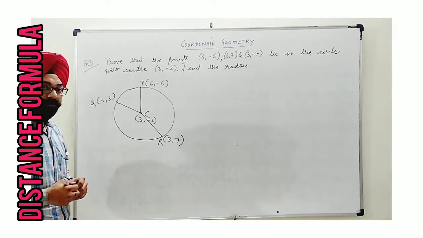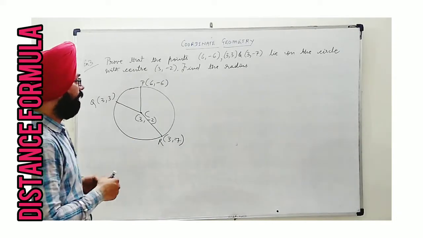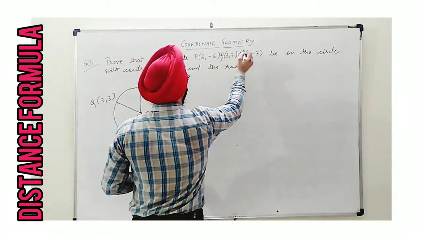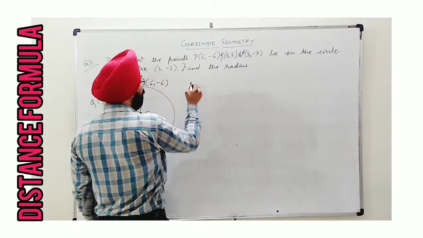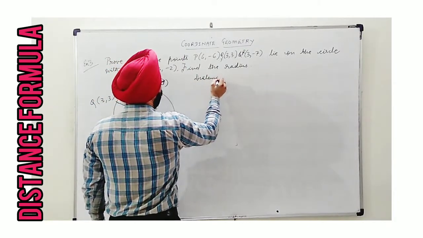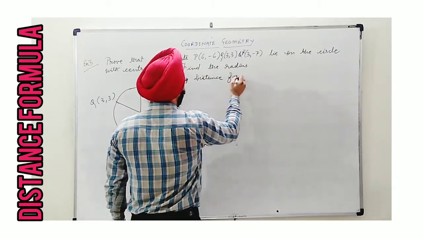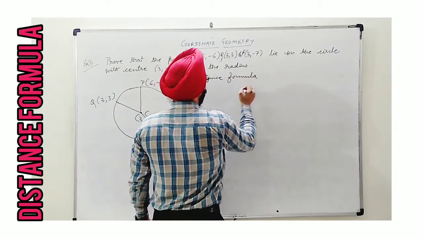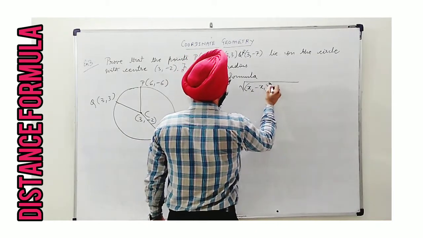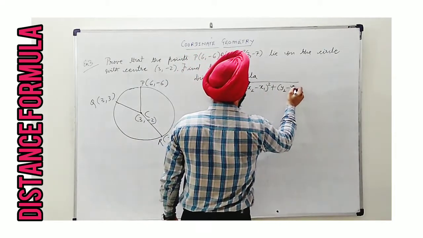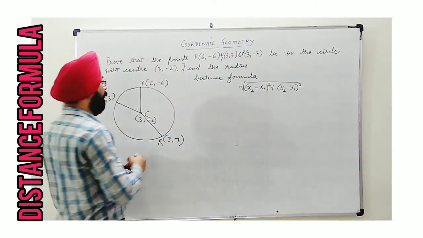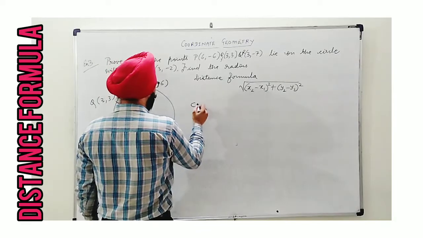So let's start. If considered, we can say these points are P, Q, R. Then using distance formula, square root of x2 minus x1 whole square plus y2 minus y1 whole square, we can find distance CP.